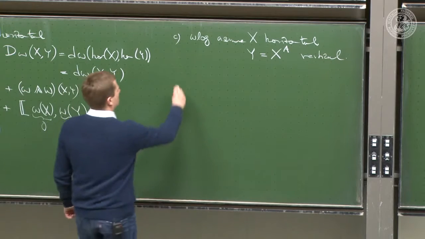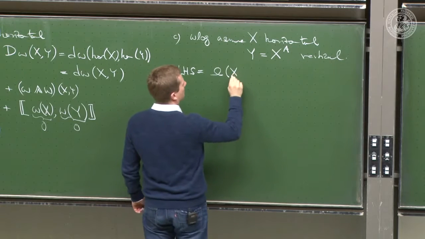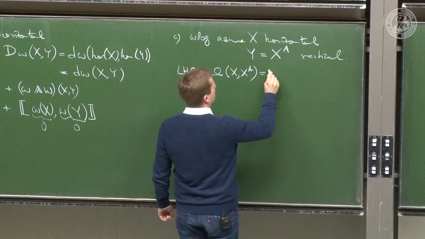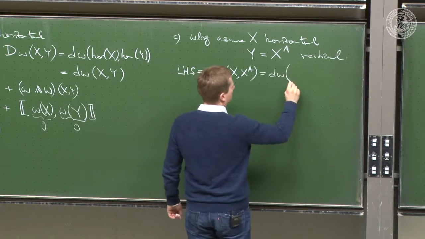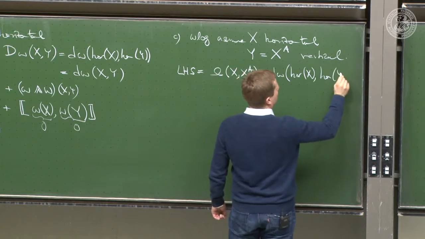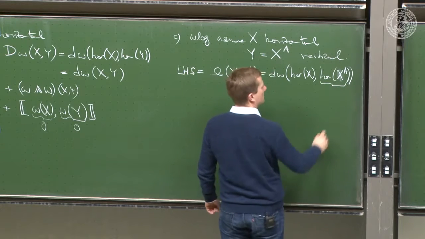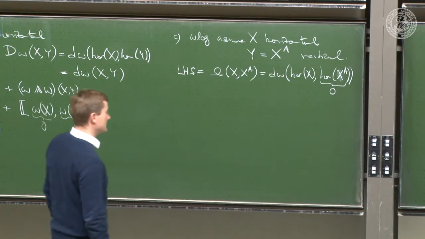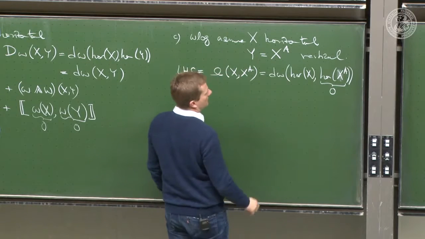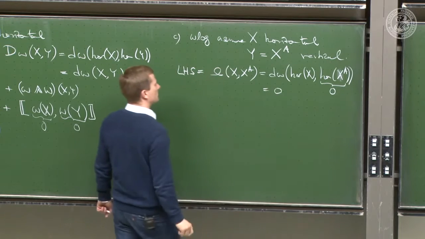Let's first evaluate the left-hand side. That's the omega of the x and the y, which is this here. And this is the d omega. It's the little d omega of the horizontal part of x and of the horizontal part of XA. But the horizontal part of a vertical vector field is 0. That suffices to annihilate the entire 2-form here, because it's of course bilinear, so the left-hand side is 0.